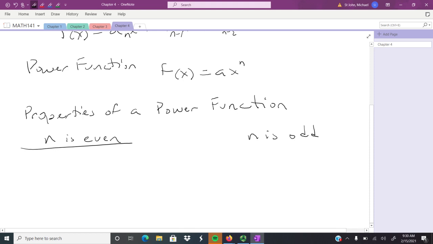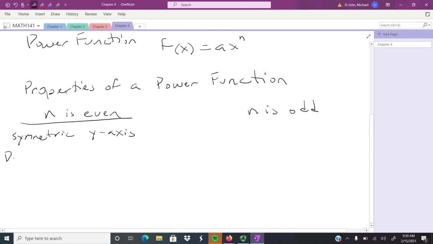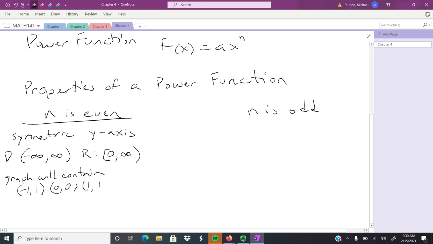So first off, if n is even, it is going to be symmetric with the y-axis. The domain is negative infinity to infinity, and the range will be 0 to infinity. The graph will contain the points negative 1, 1, 0, 0, and 1, 1.